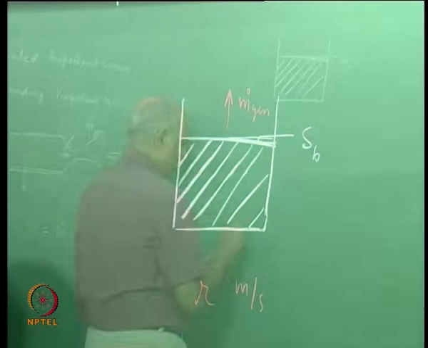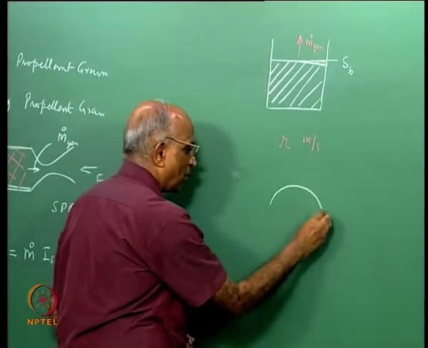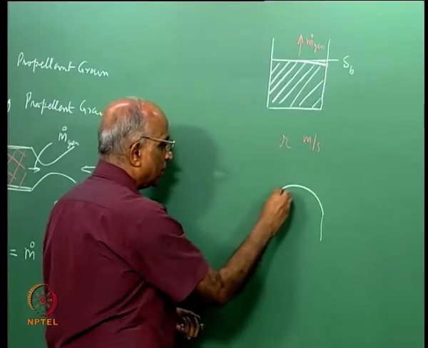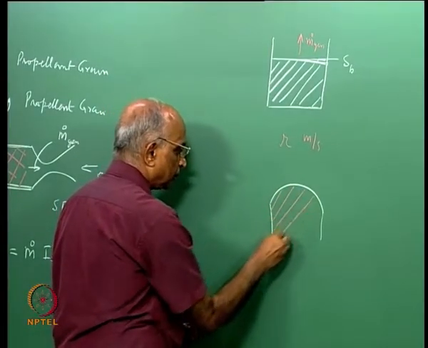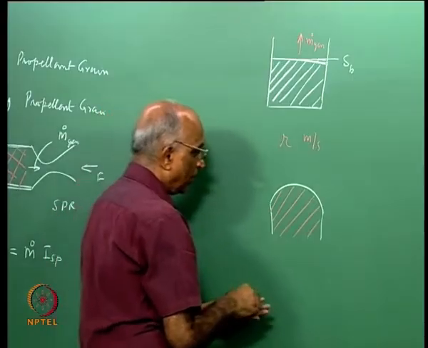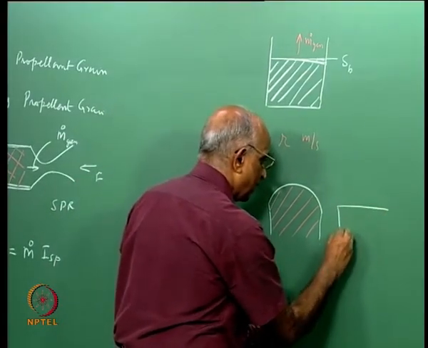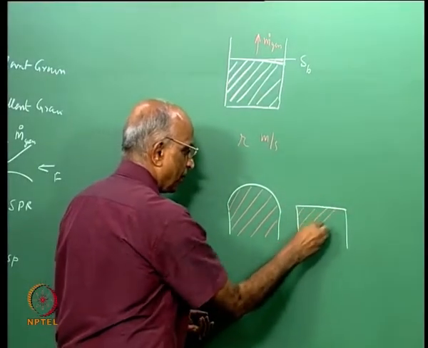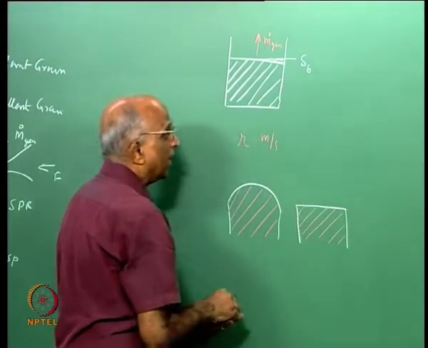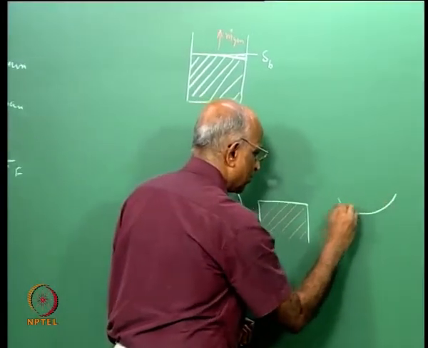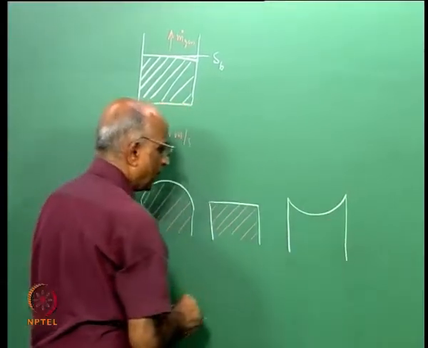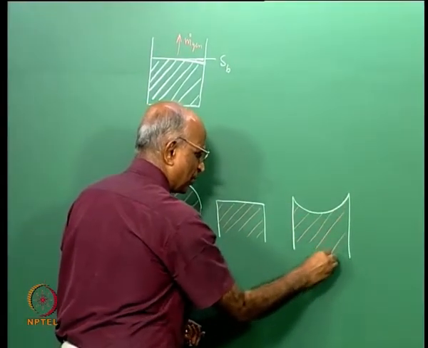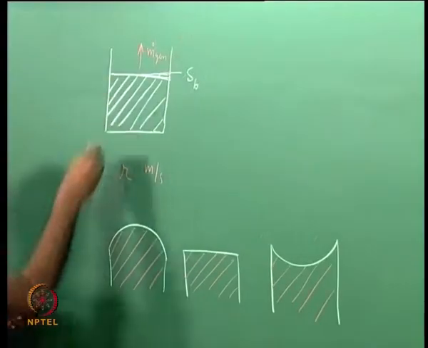Supposing I have a surface like this, a convex surface, and this is the propellant over here, or the other example I can take is a flat surface of a propellant, or the other extreme is a concave surface like this. I could have different configurations, or I could have a hole right through.